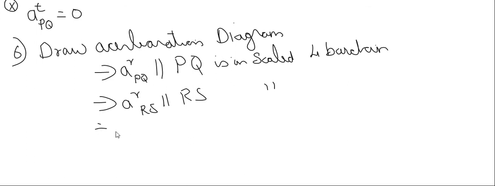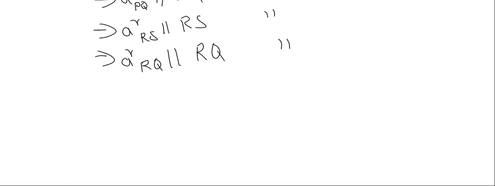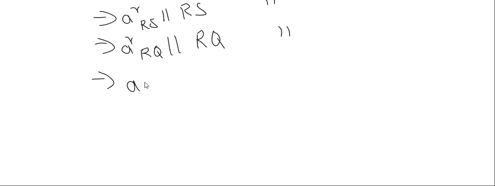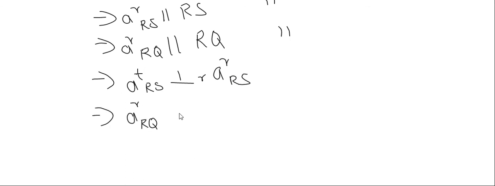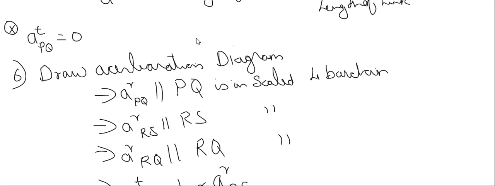Similarly, AR RQ will be parallel to link RQ in the scaled 4-bar chain. And we know AT RS is perpendicular to AR RS, and AT RQ is perpendicular to AR RQ. And already we know AT of the other link PQ will be 0 because it is the crank.